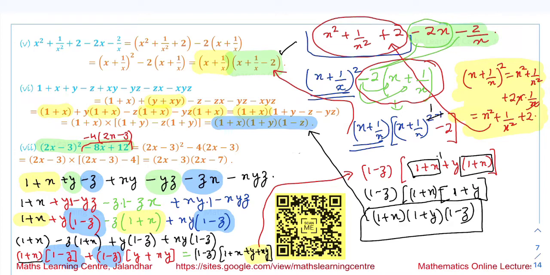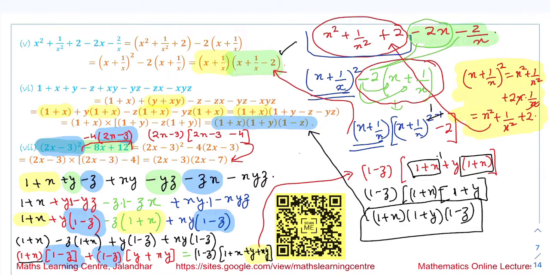So this is 2x minus 3 and this is 2x minus 3 square. So we take 2x minus 3 common from both these. So we are left with 2x minus 3 minus 4. So this is our final answer in this case.